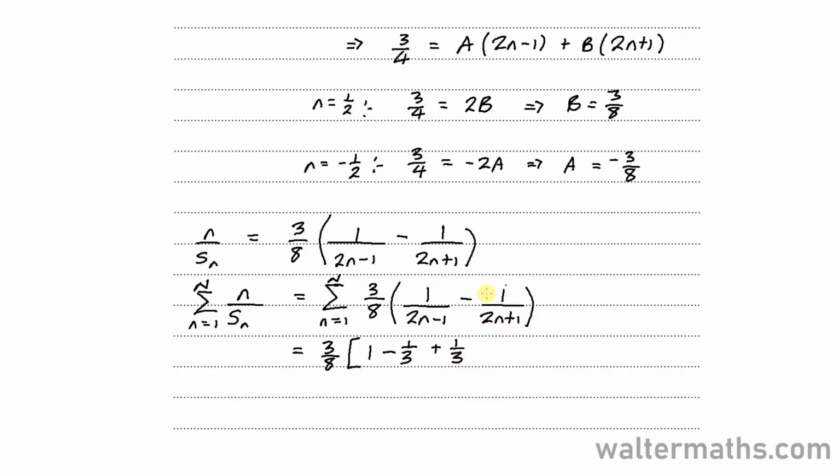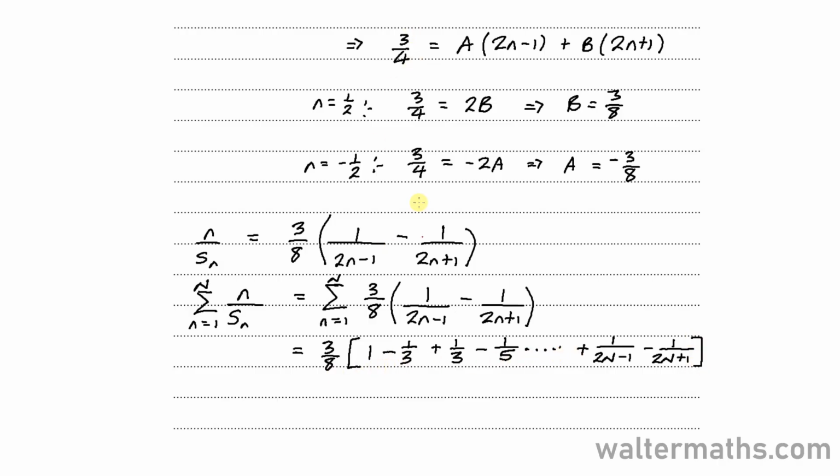And substituting 2, we get minus 1 over 2 times 2 plus 1, which is 1 over 5. So this series will continue all the way to the last term, that's when n is equal to capital N. And when n is capital N, we'll be having 1 over 2 capital N minus 1, and it's minus 1 over 2 of capital N plus 1. So this is the series here expanded.